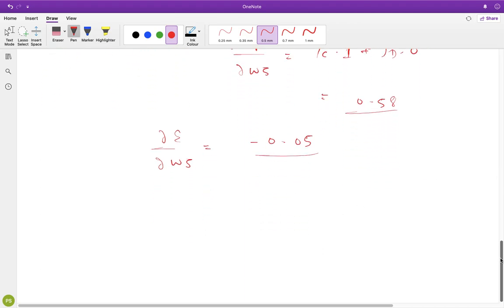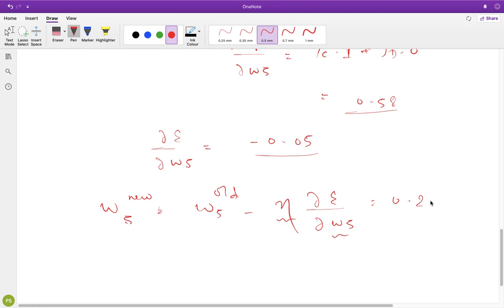In the weight updation rule, W5 new is equal to W5 old, the old value, minus eta times the error derivative with respect to that variable, that is weight W5. What is eta? It is the learning rate. So when you plug in the values, what is the old value of W5?